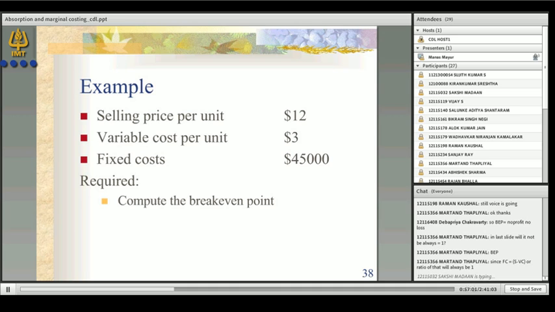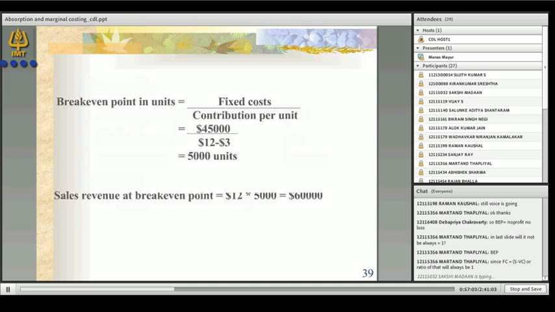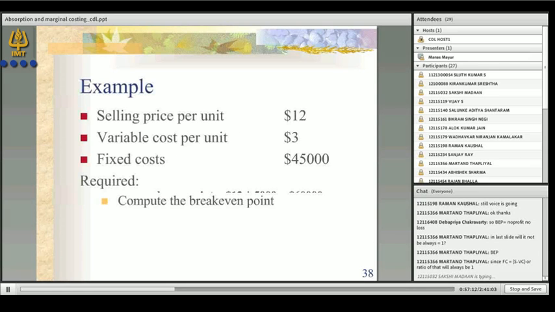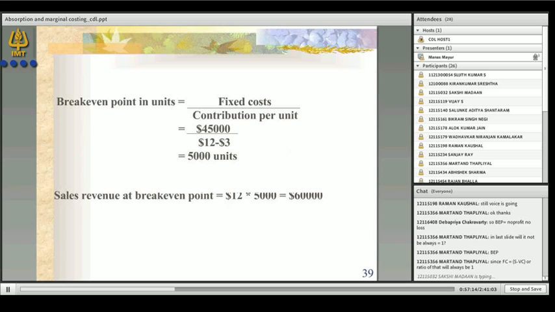Now you see break even point in units is equal to fixed cost divided by contribution per unit, and contribution is sales minus variable cost. So you have got selling price, you have got variable cost. So here we are calculating this per unit basis. So we have simply found out contribution from selling price as well as variable cost per unit. So you can see break even point in unit is 5000 unit.